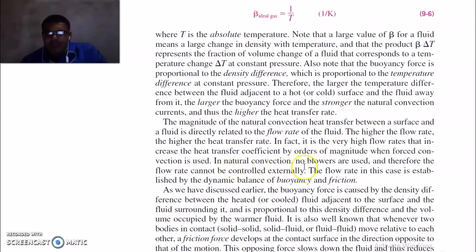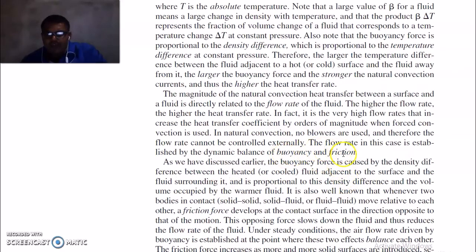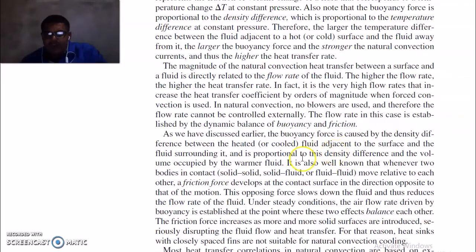In natural convection, no blowers are used and therefore the flow rate cannot be controlled externally. The flow rate in this case is established by the dynamic balance of buoyancy and friction. So these are two forces which will result in natural convection. When your buoyancy force overcomes the friction force, then your natural convection will start.